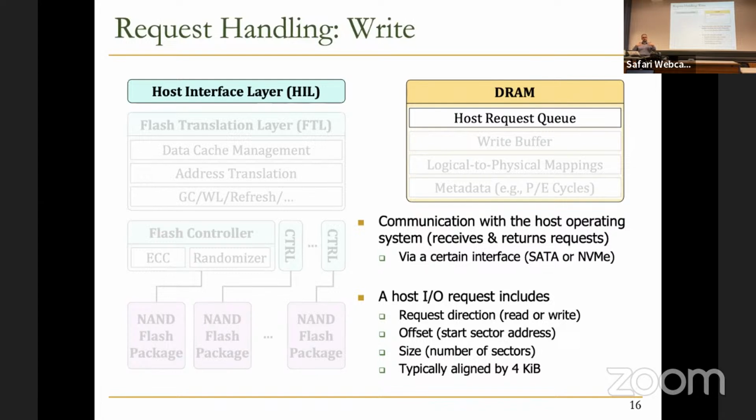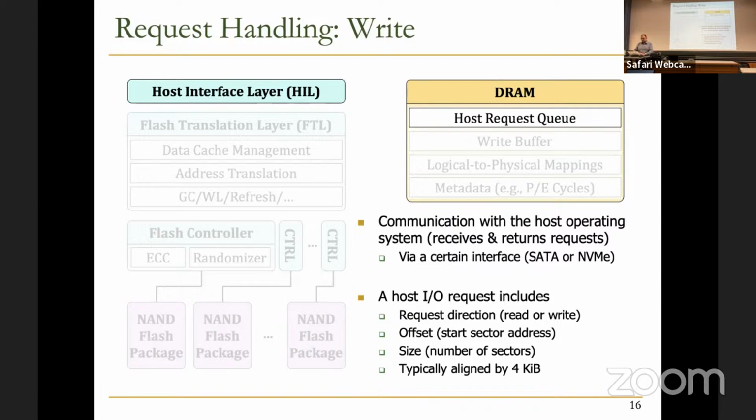So from the OS, like the IO file system, the storage is considered as a logical view, like a big array, let's say. You have chunks of pages in that big array. And in order to send the write request, the OS only needs to say what's the offset in that big array, from which point I'd like to start to write.